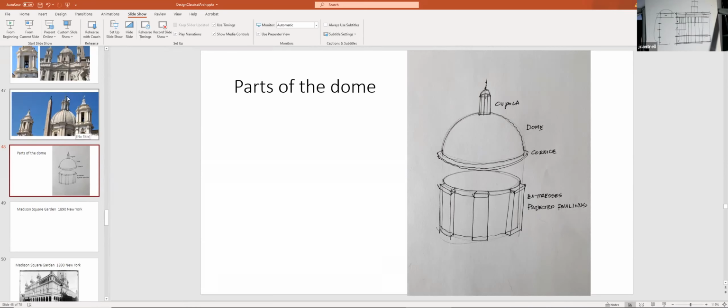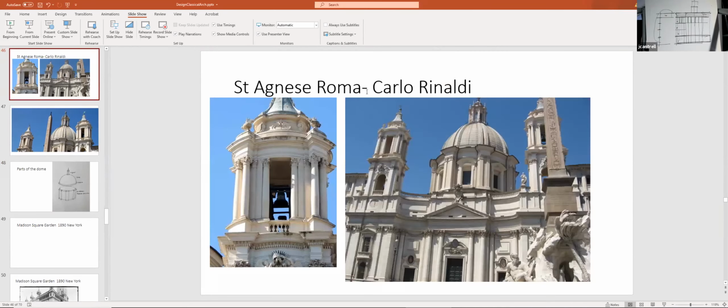I'm going to flip back to this slide for just a minute. Really the difference between Gothic and Renaissance architecture is that Renaissance architecture would not allow, it would be terribly unacceptable, to show physical buttresses. So when Brunelleschi designed the Florentine cathedral, he concealed all the structure inside the body of the dome. You would not express the buttresses. But I think in this case there's some exception because the weight of the dome was so great that Carlo Rinaldi expressed the buttresses as these decorative columns.